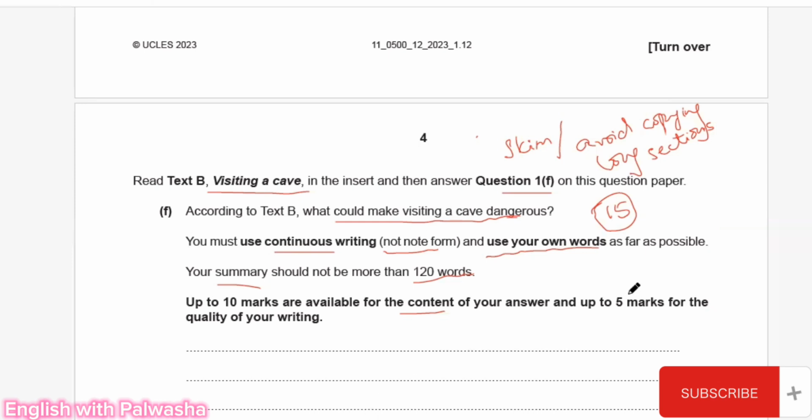And then the quality, what comes in the quality basically? Why are they saying the quality of your writing? What is the quality of writing basically? The grammar, the spelling. Okay, so in short, yes, this is also one of those SPAG: spelling, punctuation, and grammar. That's perfect.